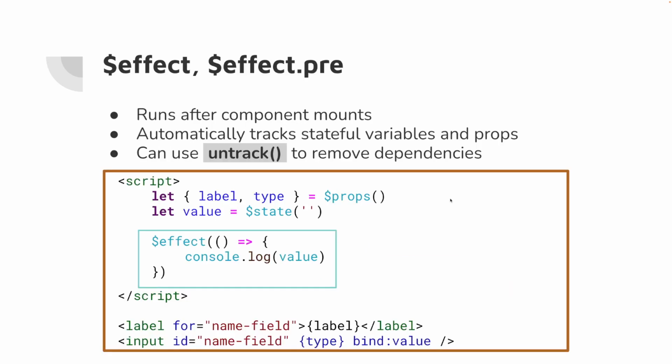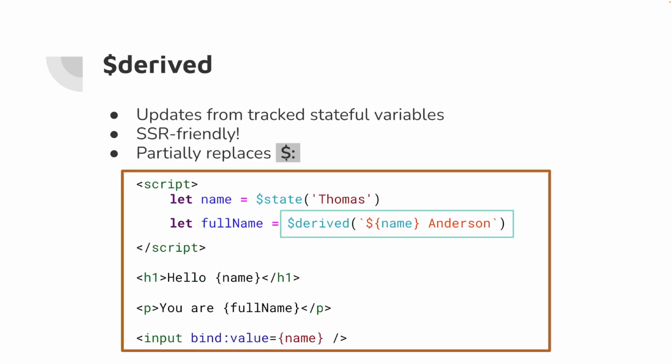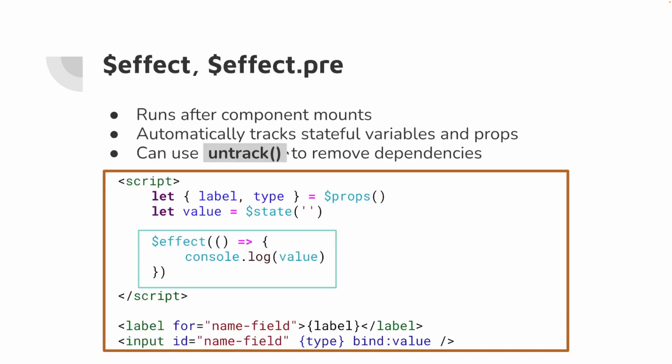Next is effect and effect.pre. Effect runs after the component mounts. So this is not going to be server rendered. This is strictly runtime. It automatically tracks stateful variables and props, and you can opt into untrack and remove dependencies. So much like how derived partially replaces $:, you now have the effect rune, which replaces the remaining features of $: labeled statements.